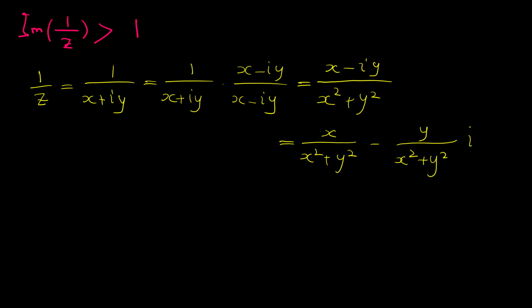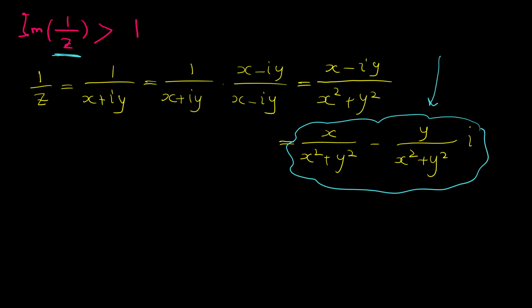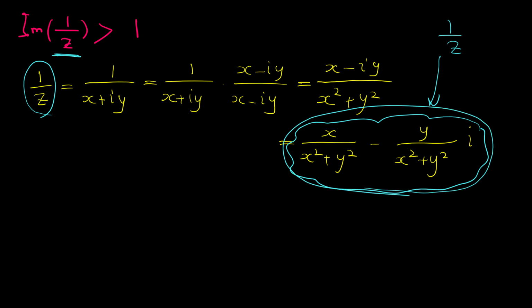Now, what is the imaginary part of this? Attention, this is exactly 1 over z. What is the imaginary part of this? The imaginary part is the coefficient of i, so this is the imaginary part.